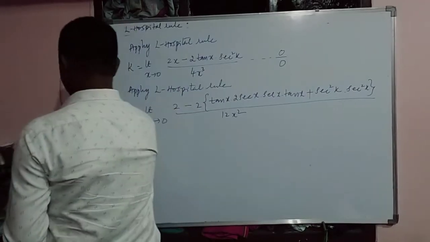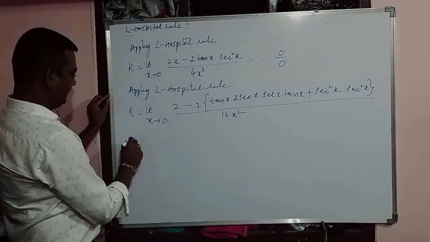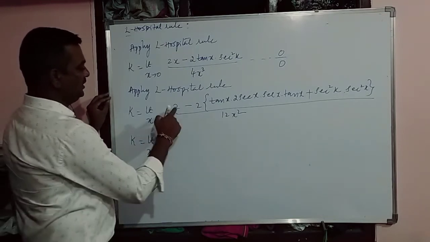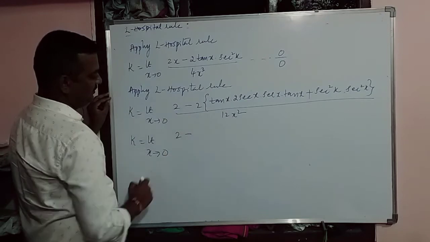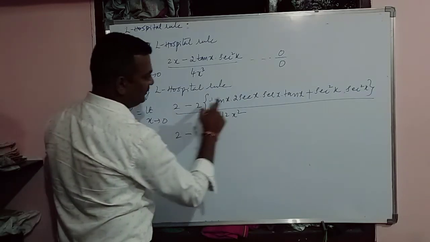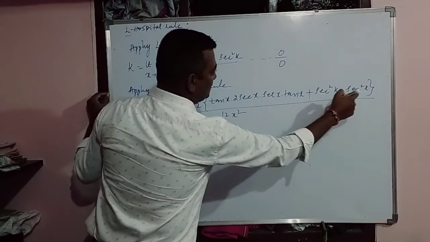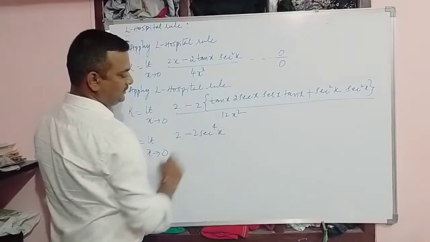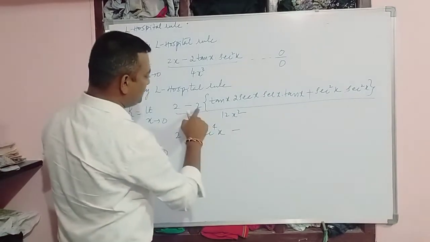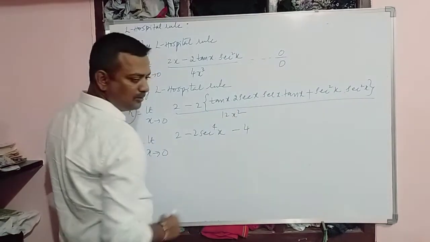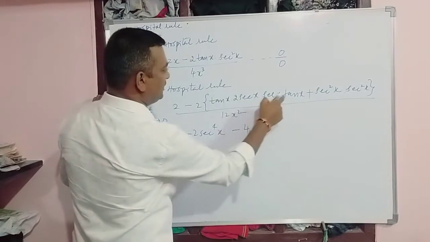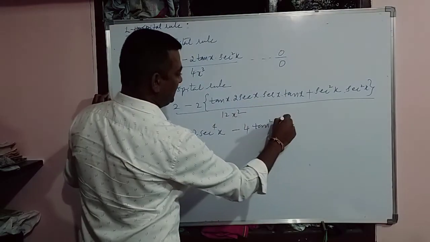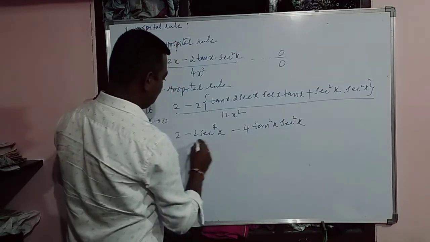Now look carefully, k is equal to the limit as x tends to 0. I will take the first term, 2 times secant square x into secant square x, which is 2 secant raised to 4x, minus 2 twos are 4 tan x into tan x, tan square x, secant x into secant x is secant square x.